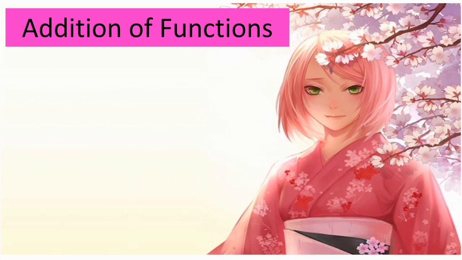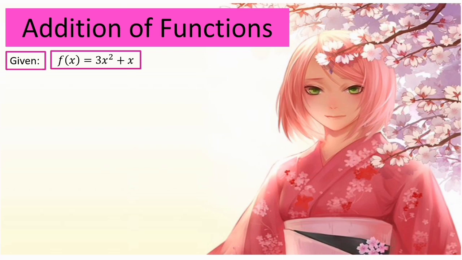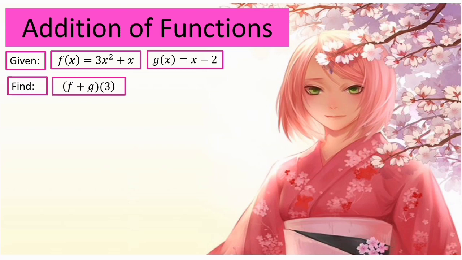So, another example for addition of function, given f of x is equal to 3x squared plus x, and g of x is equal to x minus 2. Let's find for the quantity of f plus g of 3. So, kung makikita nyo dito, meron ng value yung x natin.